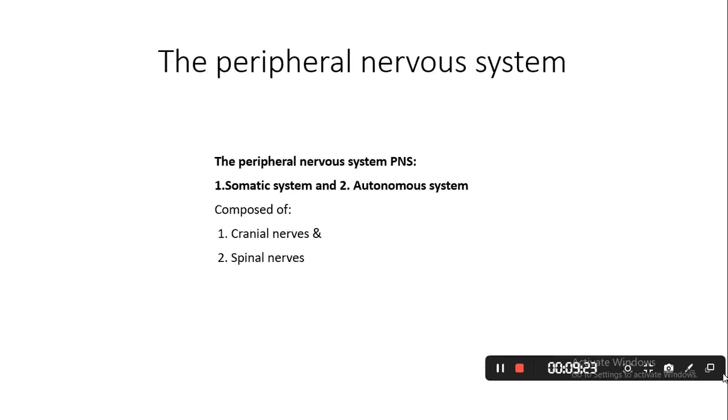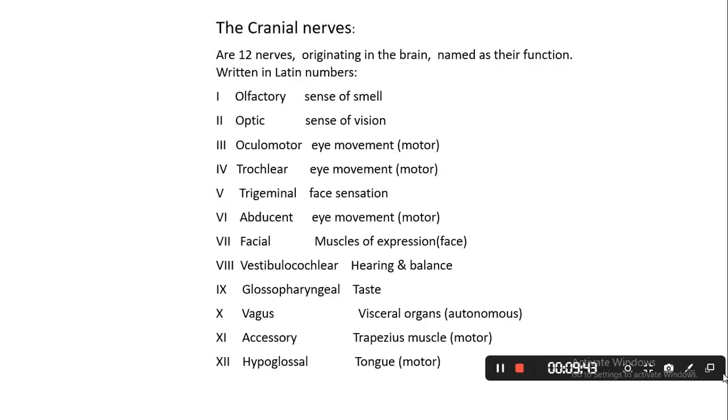And you can see them here listed: the olfactory, its duty is the sense of smell. The optic, the second one, its duty is the sense of vision. The oculomotor, the trochlear, and the abducent, the third, the fourth, and the sixth, are motor for the movements of the eyeball.